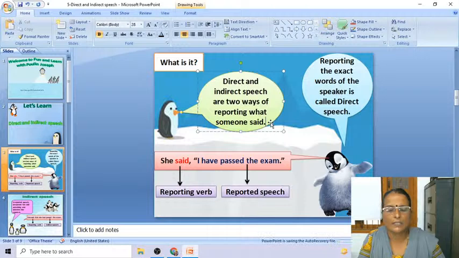Said, which is in red color, is called the reporting verb, which we use for reporting. After this reporting verb, you have to put a comma. Then you see the blue letters, that is in inverted commas. I will ask all of you to write inverted commas now. I am going to give you sentences where you have to put the punctuation on your own.